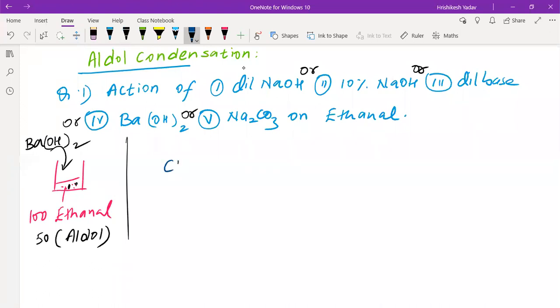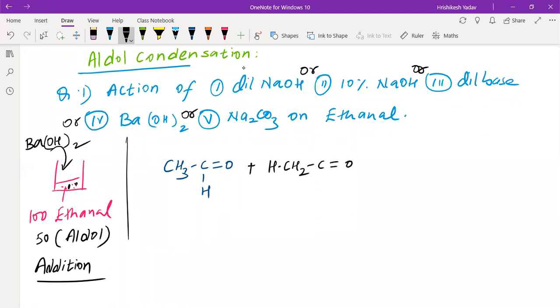So ethanol is this, your CH3 C double bond O H. Actually we require 2 molecules here, as this is addition reaction. 2 molecules, they add up in presence of dilute base. So second molecule, while writing, we'll write it H dot CH2.